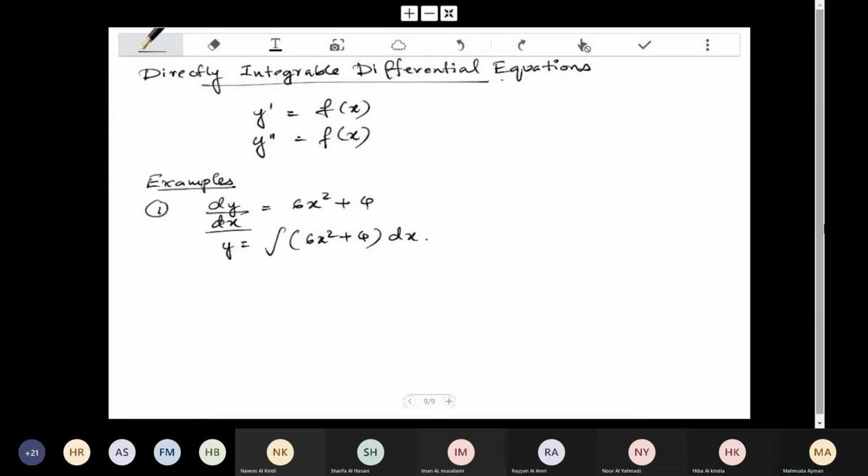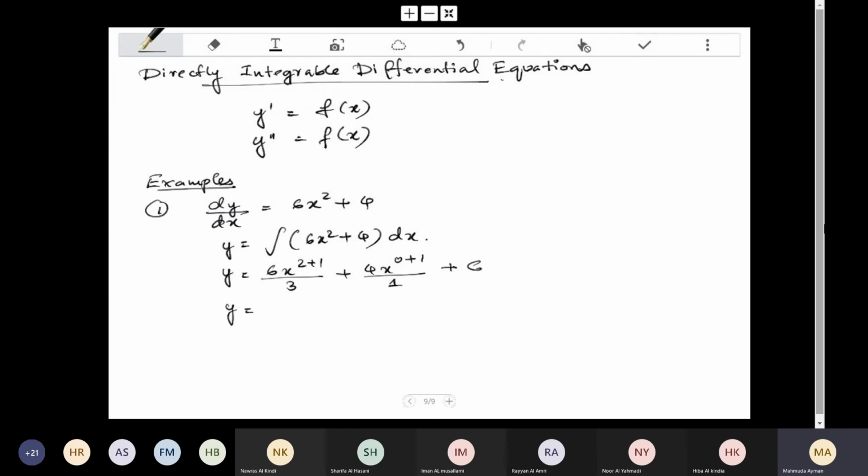Finding the antiderivative, we have 6x to the power 2, add 1 and divide by 2 plus 1, that's 3, plus 4, so x to the power 0, plus 1 divided by 1, and plus some constant c.